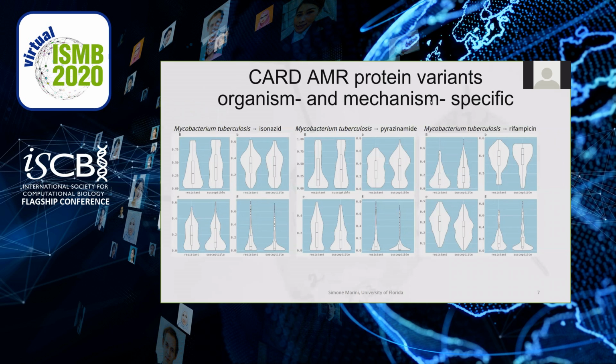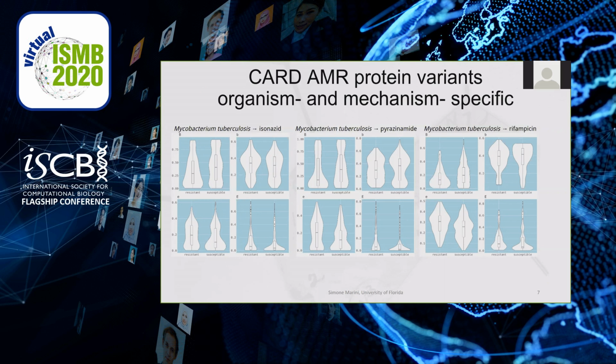So we looked further into the CARD dataset, which so far has been analyzed as a whole, but we know that it's composed of different organisms and different AMR mechanisms. So we wanted to verify if our findings were reflected also in specific mechanism and organism combinations.